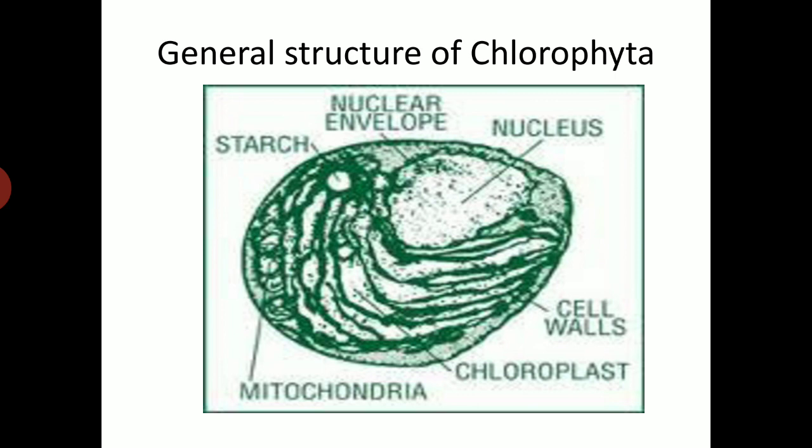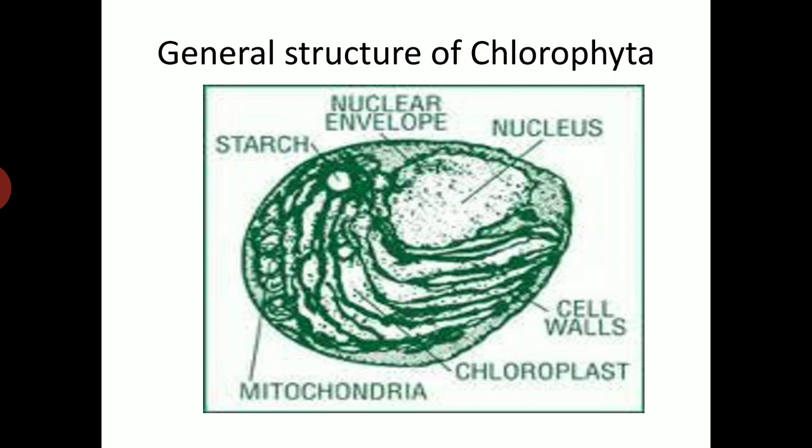The protoplast contains one or more nuclei. That is, cells are either uninucleate or binucleate.